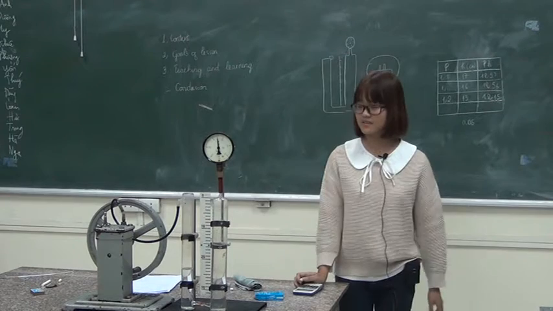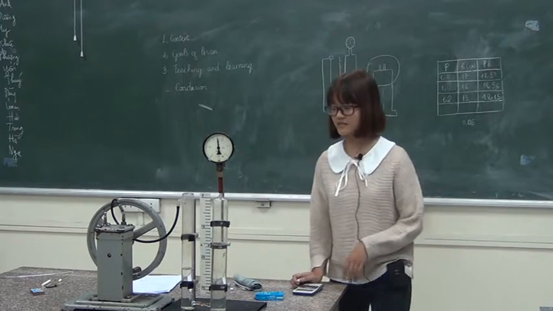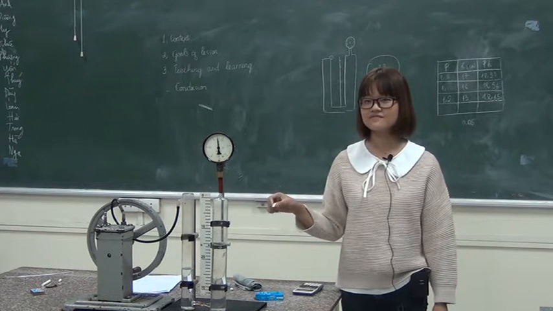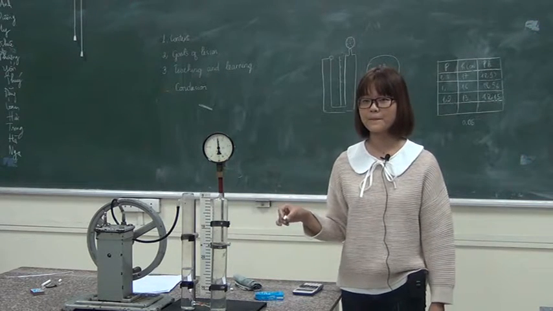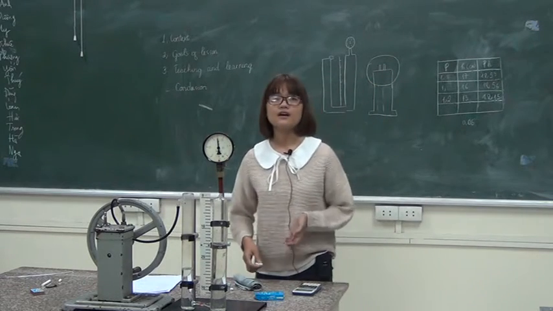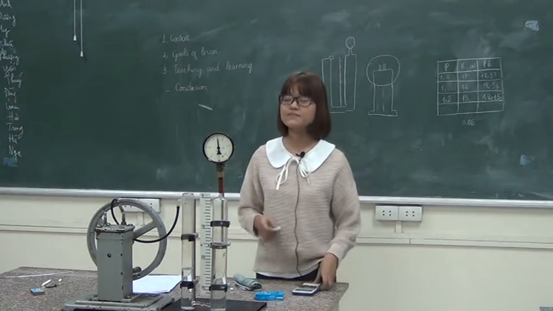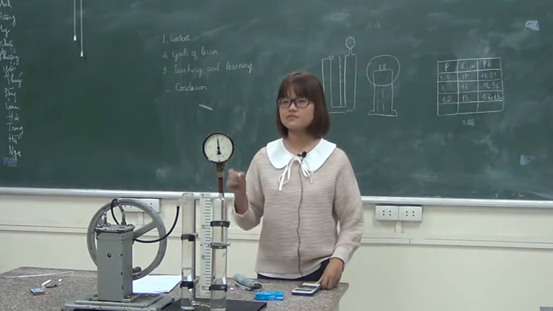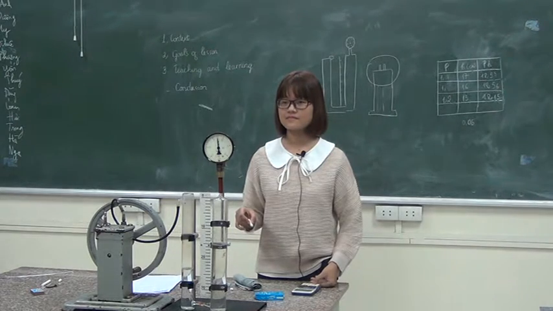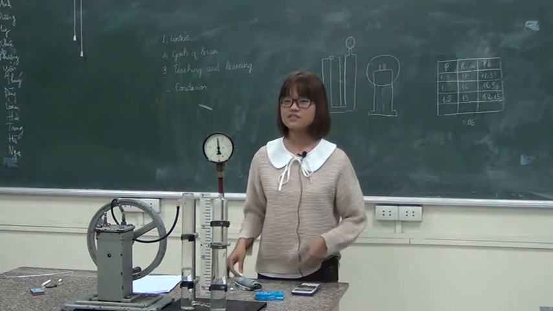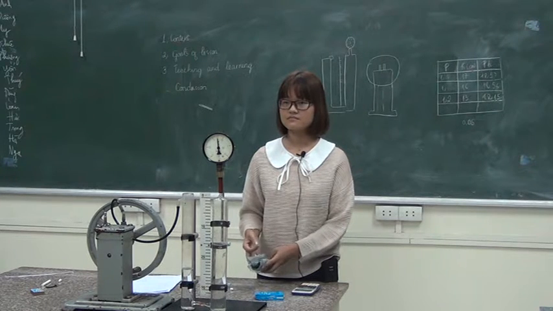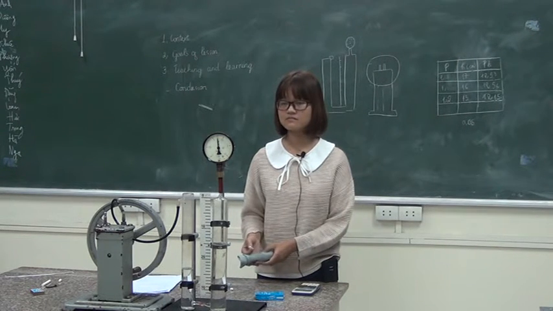You know how? I think it depends on the way you see the scale on the ruler. Yes, the correct way is to always put your eyesight perpendicular to the scale. Okay.